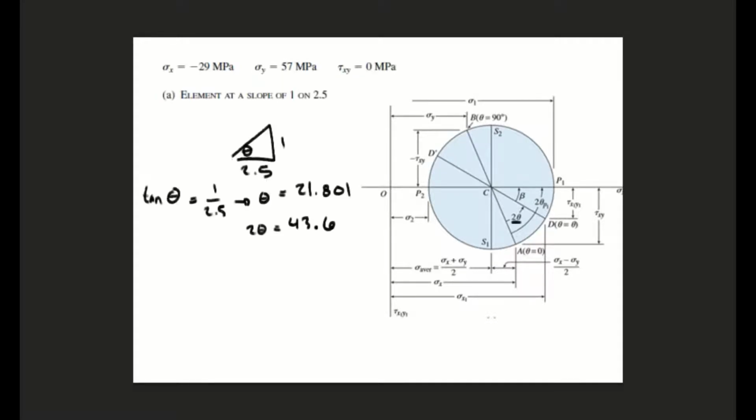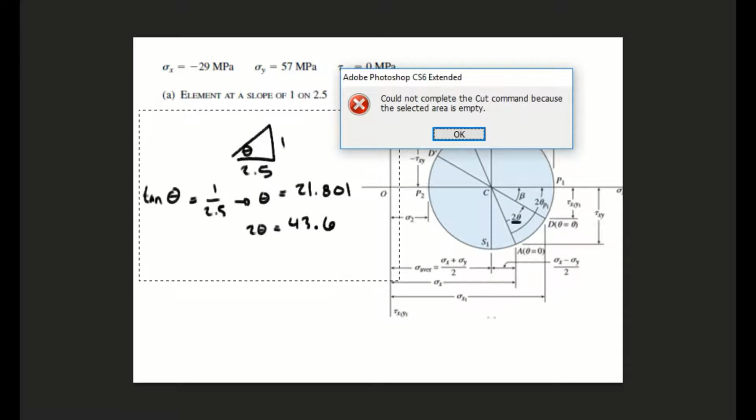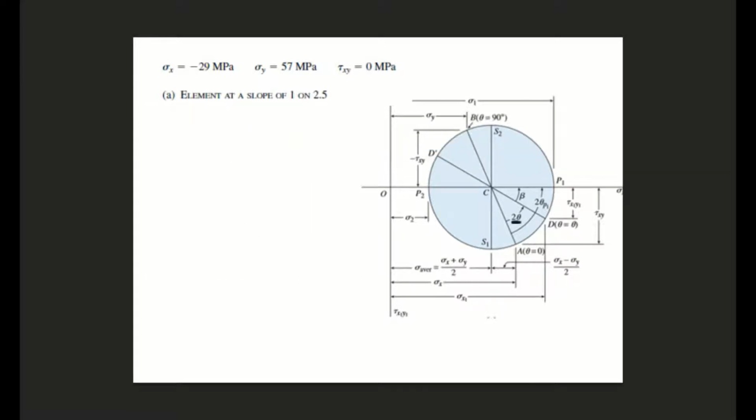So now if we continue with this, we're just going to store that out of the way. Okay, so we figured out what phi is, and now we're going to start solving for our different stresses.